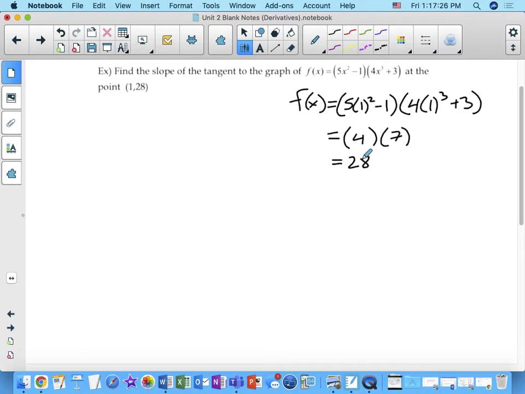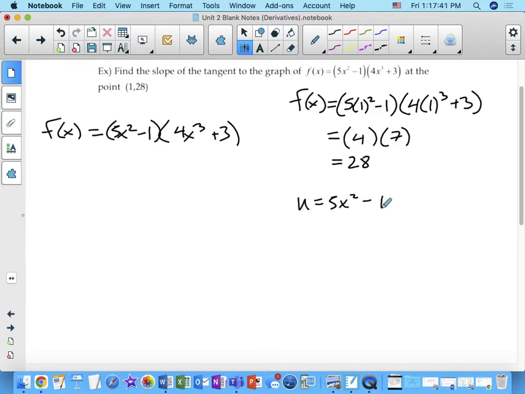So let's practice that. So f of x equals 5x squared minus 1 times 4x cubed plus 3. So let's say u equals 5x squared minus 1 and v equals 4x cubed plus 3. Okay. What is u prime?